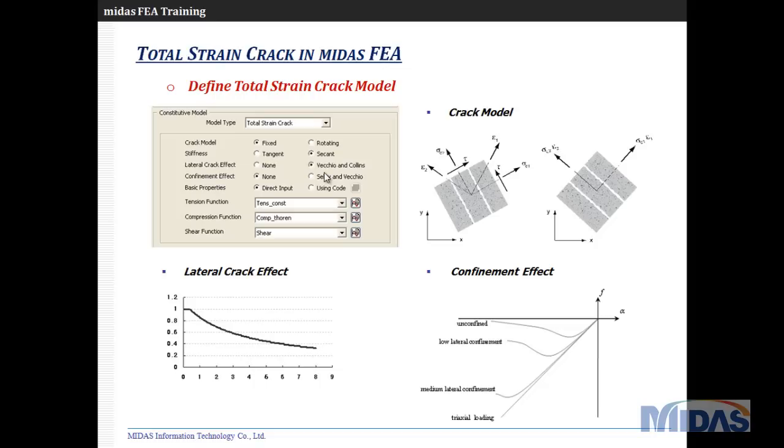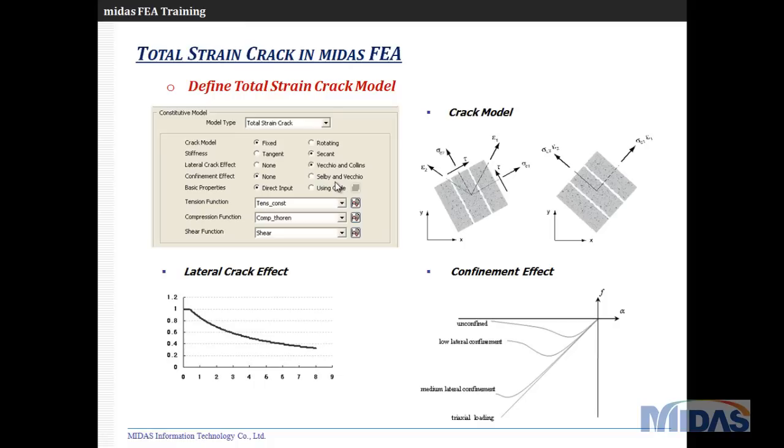On the contrary, if the concrete is subjected to biaxial compressive stresses, the compressive strength will increase due to the effect of confinement. That confinement effect can be taken into account using the Selby and Vecchio model.